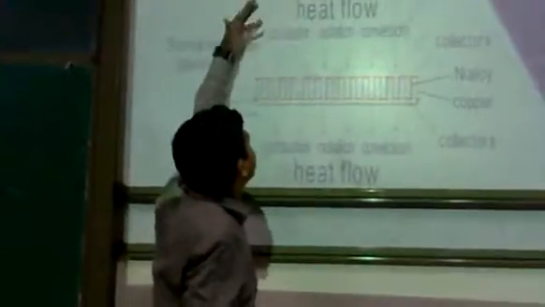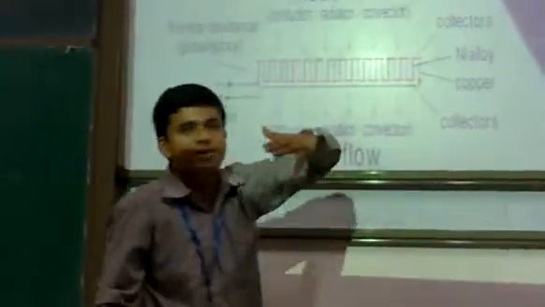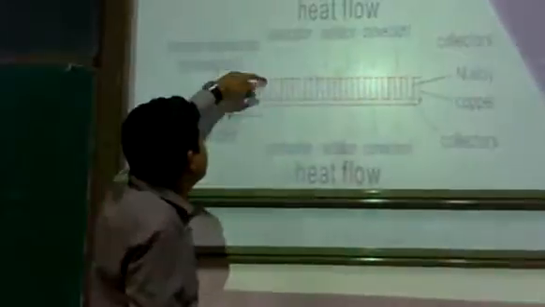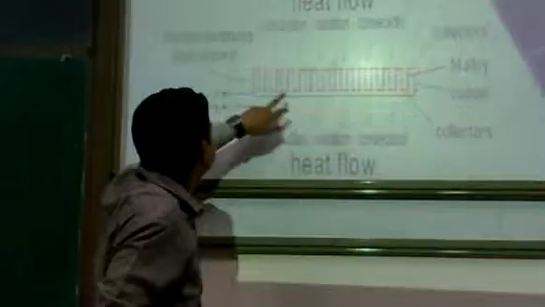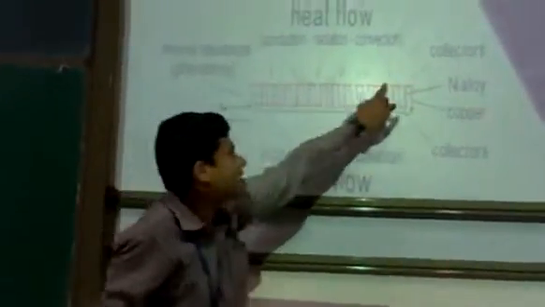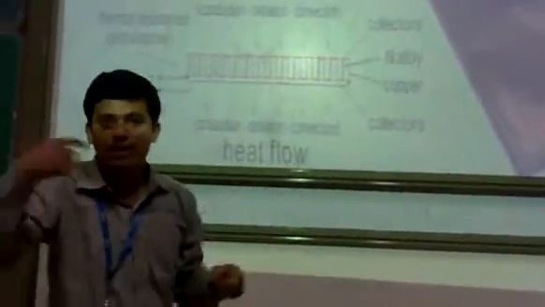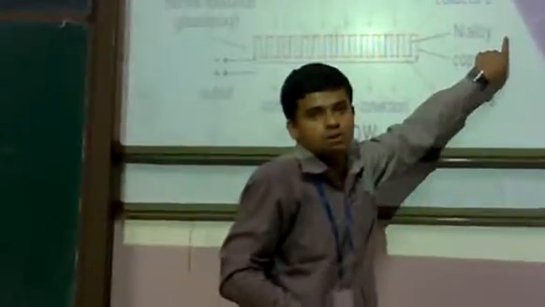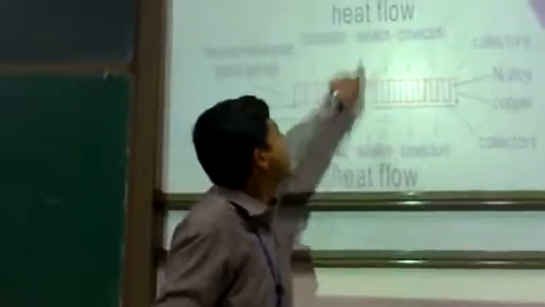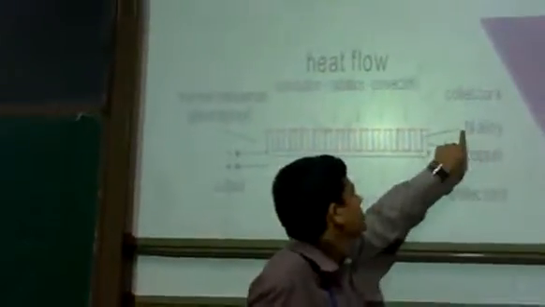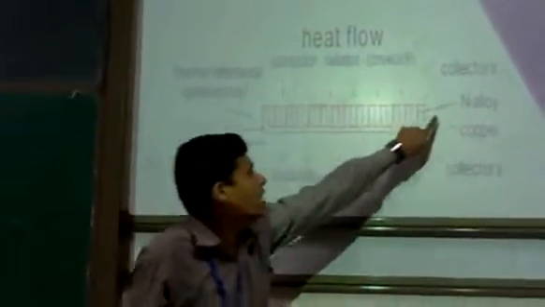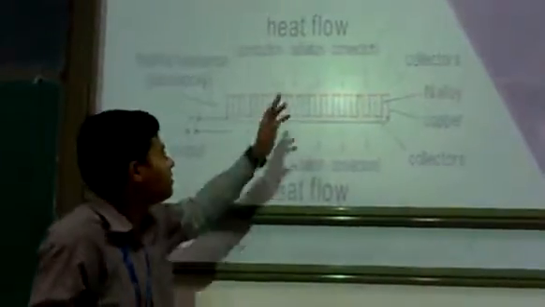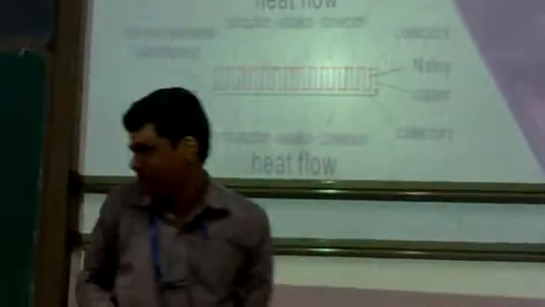When heat flow by conduction, radiation, and convection comes onto the plate perpendicular to it, the collectors produce a voltage proportional to that heat and give it at the output. Because of this we get the heat flux at the output, because nickel alloy produces that heat rate, which is the heat rate we require at the output.